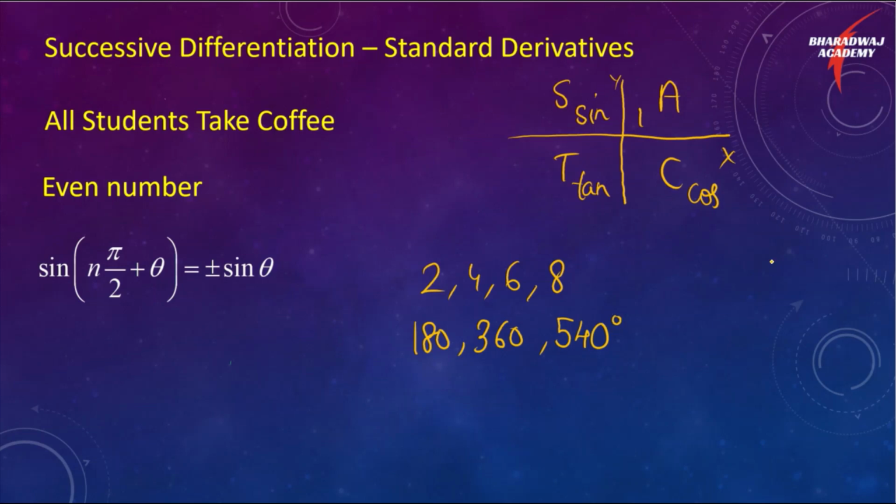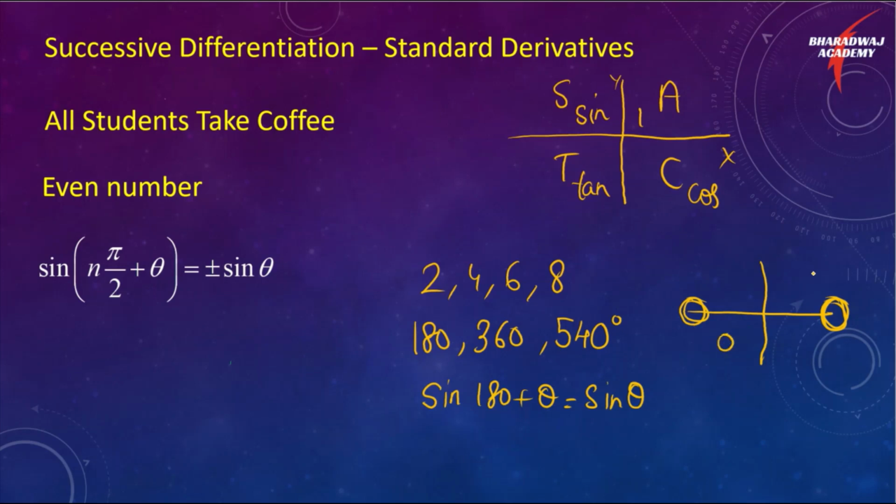If you observe, all these are horizontal lines. This is 180, this is 360, this is 540, and this is 720. Sine is negative here. For 2, it will come here. For 4, it will come somewhere here.